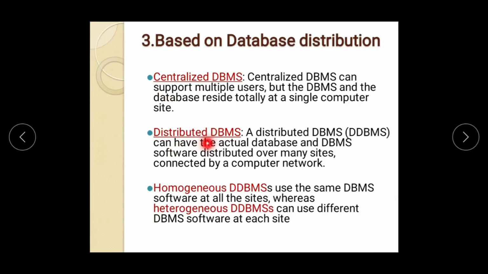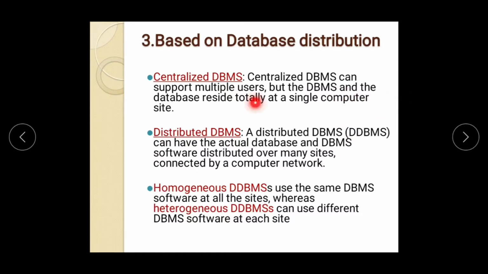But in the case of distributed DBMS, it is not like that. A distributed DBMS can have the actual database and DBMS software distributed over many sites. Each system can act as a separate DBMS. Suppose there are 5 systems.